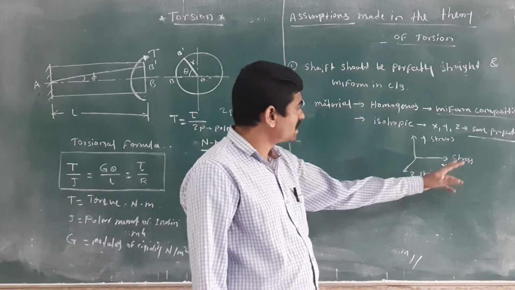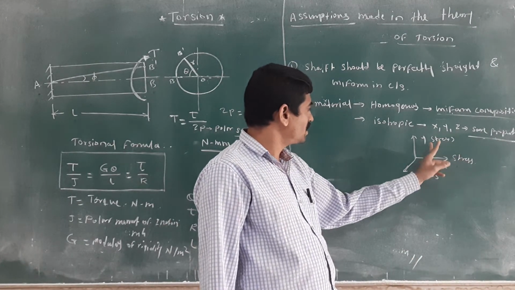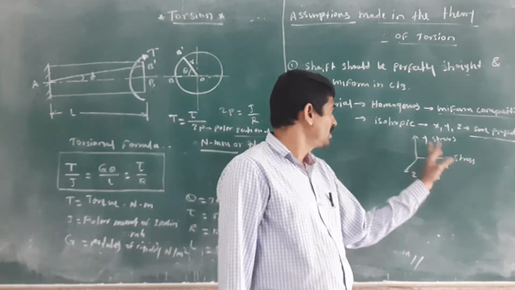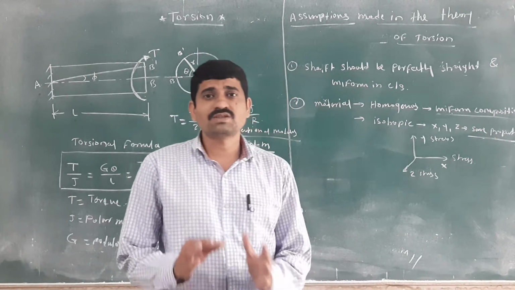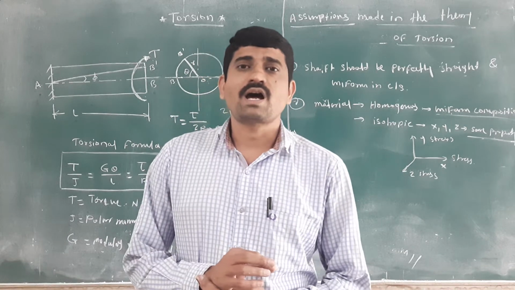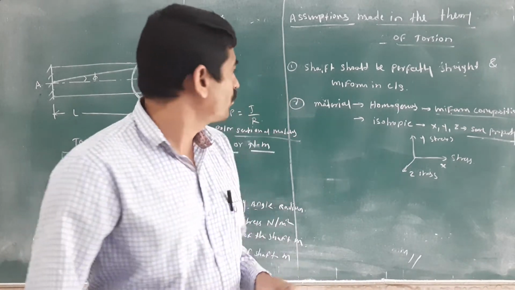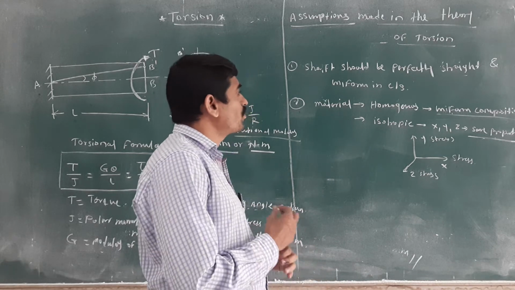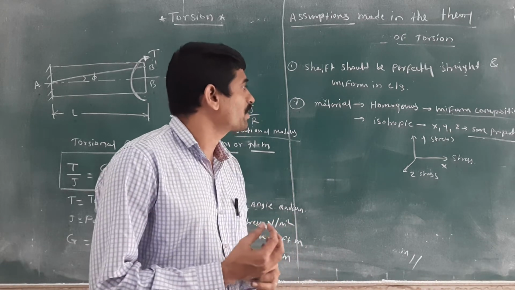If you check the strain, you will get the same strain in all directions. If you check the modulus of elasticity, you will get the same value. This material is called an isotropic material. So the second assumption is that the material should be homogeneous and isotropic.